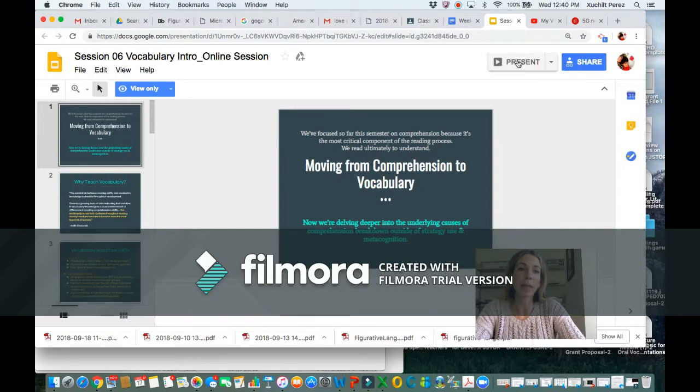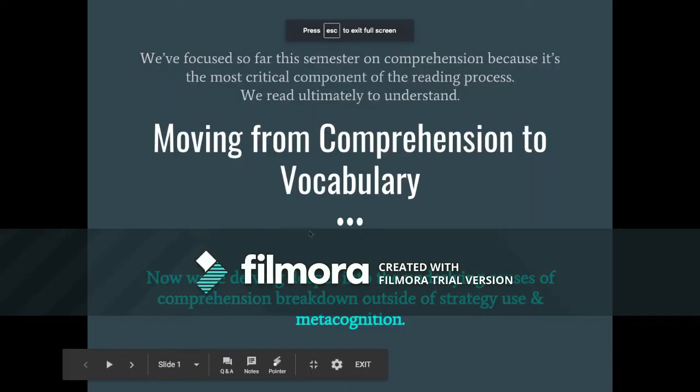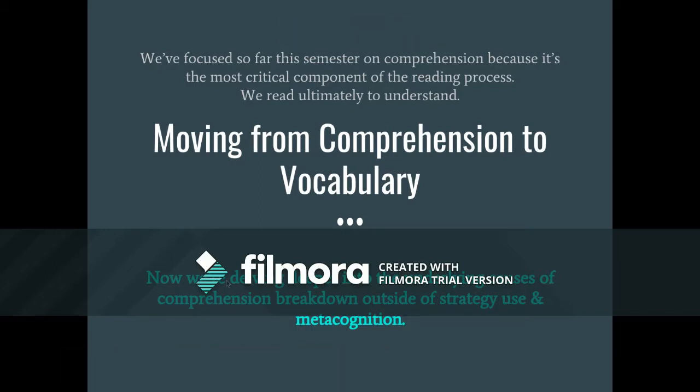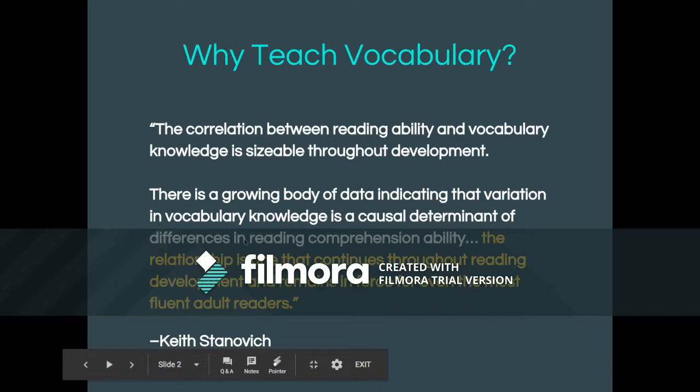So I think vocabulary is one of the areas that students need the most help in, but is actually the easiest for them to make gains in. And there's a lot of disheartening information around vocabulary, because the correlation between low vocabulary and reading ability is indeed very sizable.